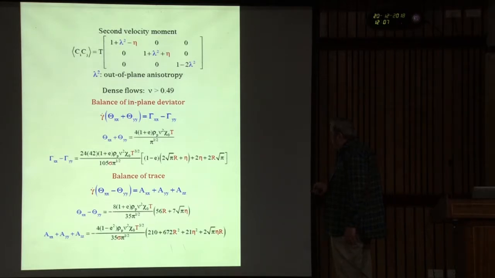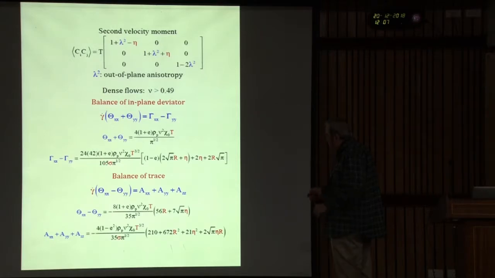And I want to note that the collisional production involves the dimensionless measure of the shear rate, a measure of the difference in the in-plane principal components of the stress, and the temperature itself here, the trace of this tensor, and also the particle diameter here.